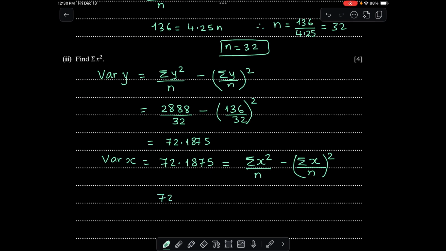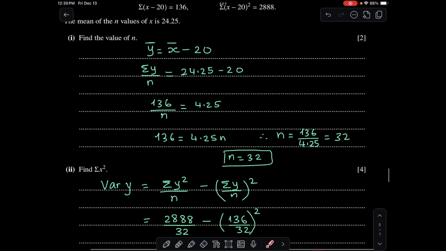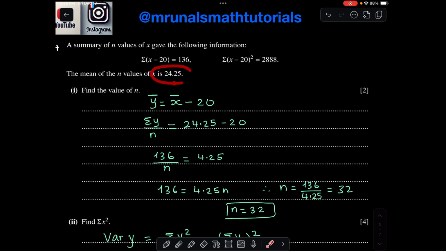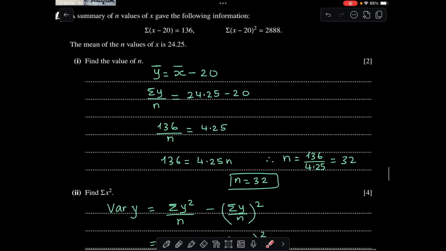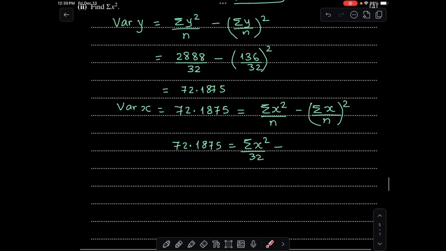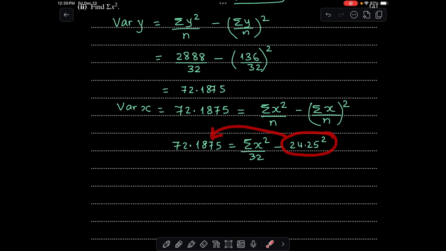So this is going to be 72.1875 equal to sum of x square over 32 minus the mean of x, which is given to us as 24.25. So let's use that. Minus 24.25 bracket square. Let's rearrange a few things to make x square as the subject. So you will move this to the other side, add 24.25 square on both sides.